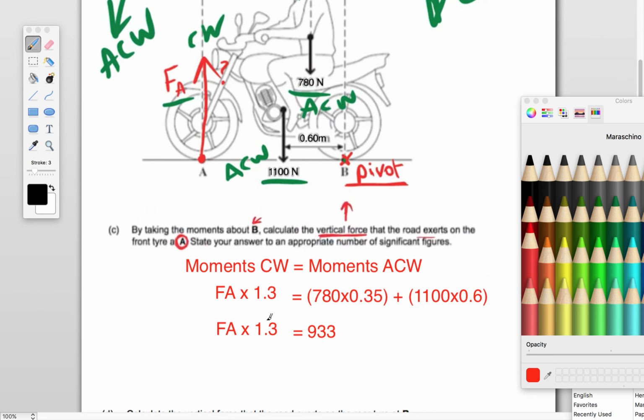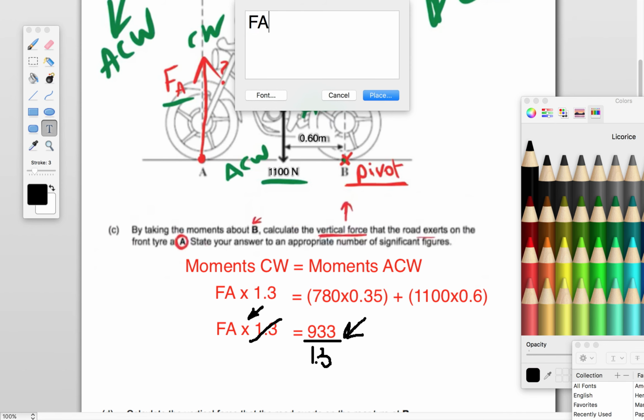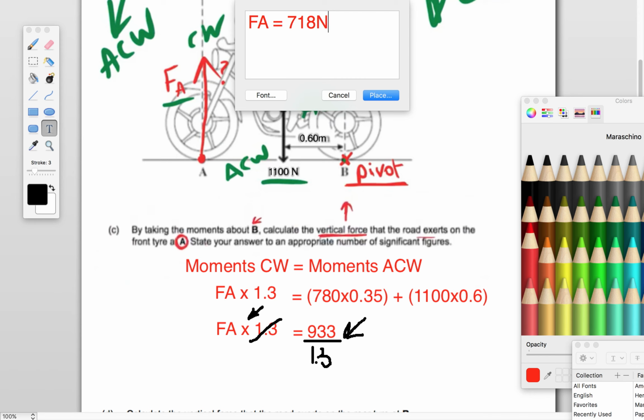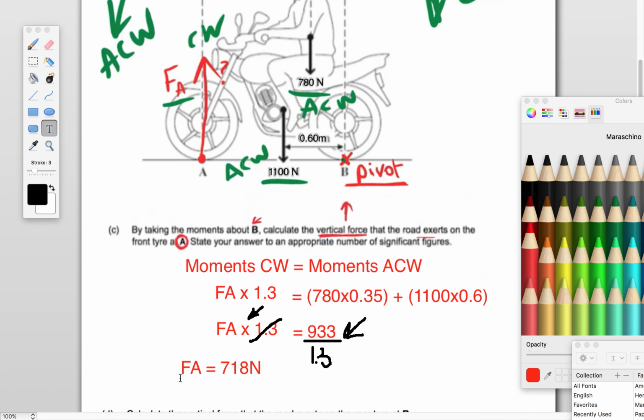Then you will cross 1.3 and divide by 1.3, because you have here a multiplication, it will become a division. So 1.3, and you will end up with Fa equals 718 Newton. This is the answer.